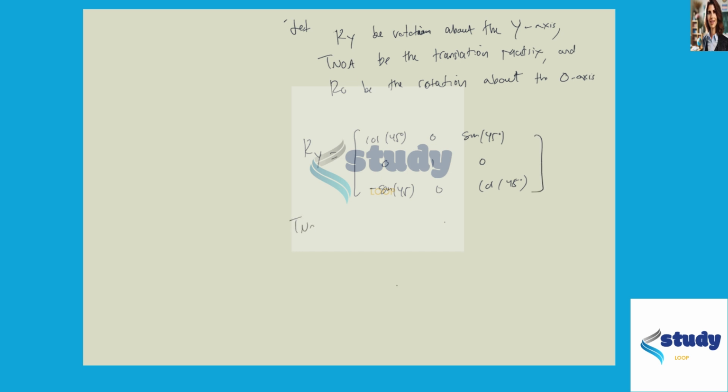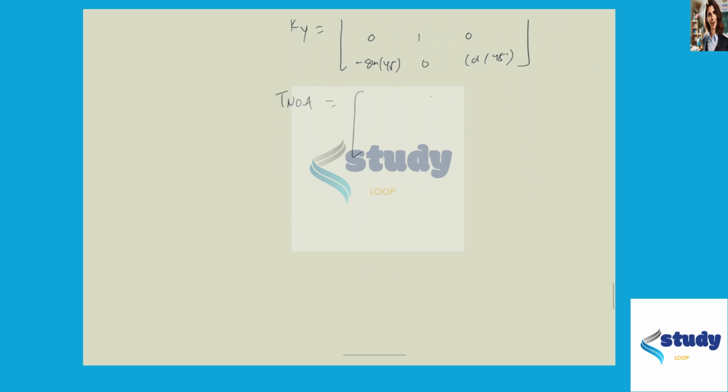T of NOA is going to equal 1, 0, 0, 0; 0, 1, 0, 0; 0, 0, 1, 0; and 4, -3, 7, 1.